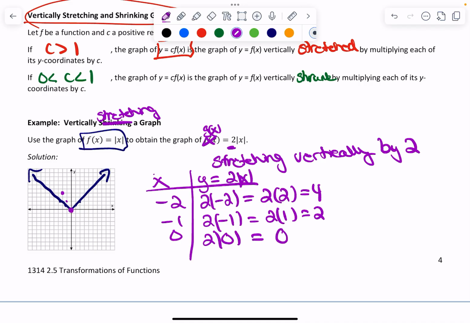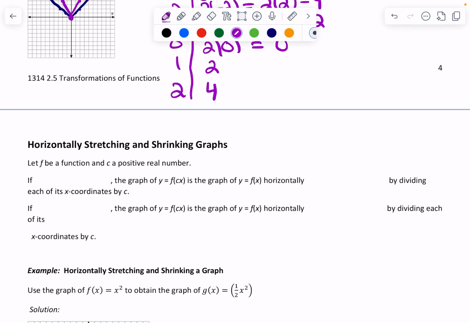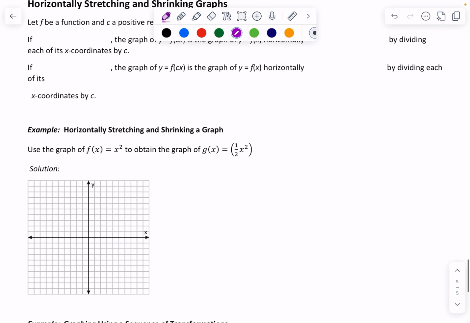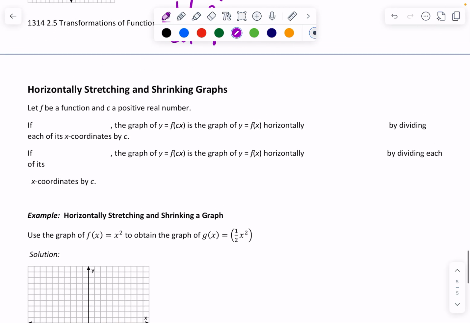So that's the origin. And then the same thing for 1 and 2. So 1 is going to be 2 and 2 is going to be 4. And you can see that the points are vertically stretching. Okay, next one. We're going to go ahead and horizontally stretch and shrink.